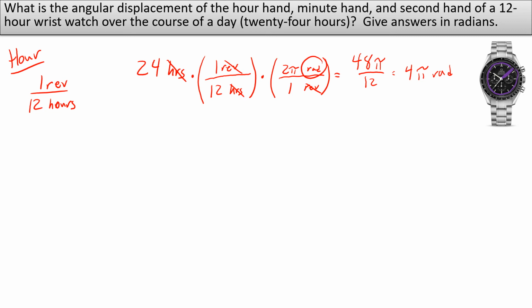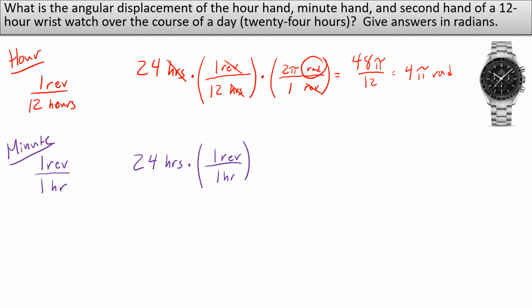And here's how I would show that in math. We have a conversion factor. 1 revolution of the minute hand is equivalent to 1 hour. And then we want to know how many radians is 24 hours for the minute hand. And then similar to before, we want to get out of revolutions.